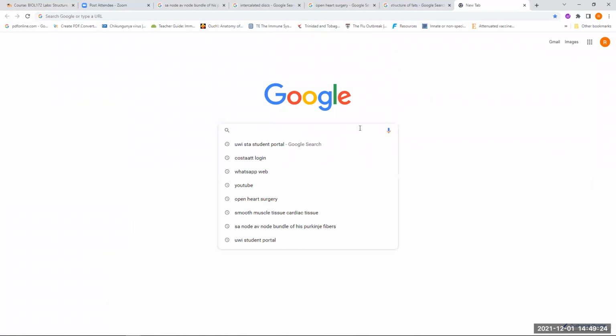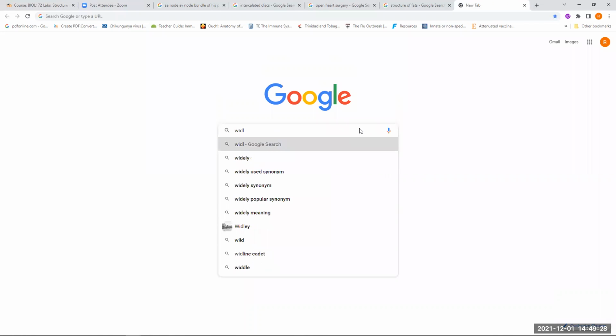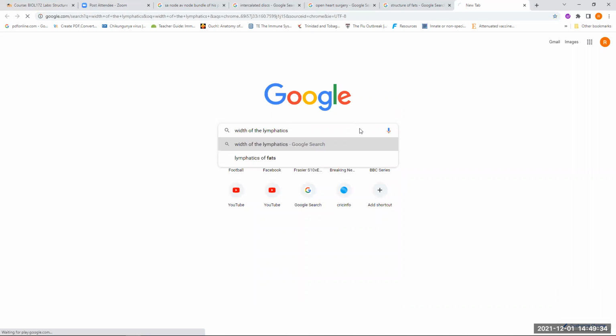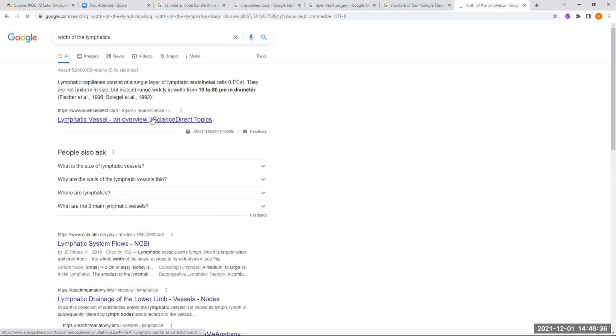So the question is, as you quite rightly ask, what is the width of the lymphatic? Right, from 10 to 80 micrometers in diameter. So they're a little wider than capillaries.